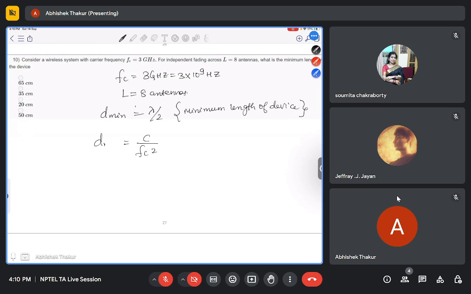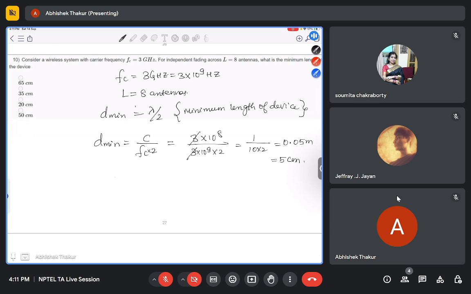into 2. C is the speed of light, so that is taken as 3 into 10 to the power of 8. Fc is given here 3 into 10 to the power of 9 into 2. So this will be 1 by 10 into 2. So that is equal to 0.05 meter. So this can be written as 5 centimeter. Now there are L antennas. So L is equal to 8 here.